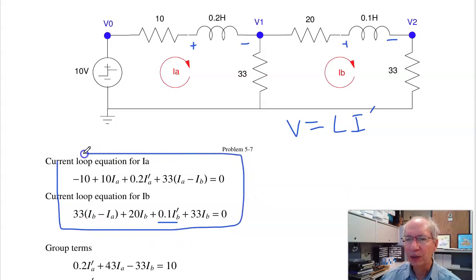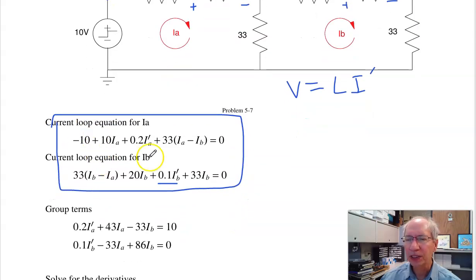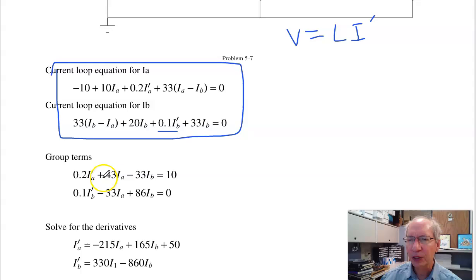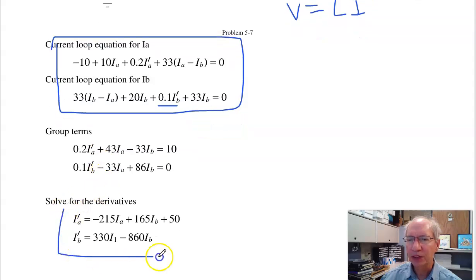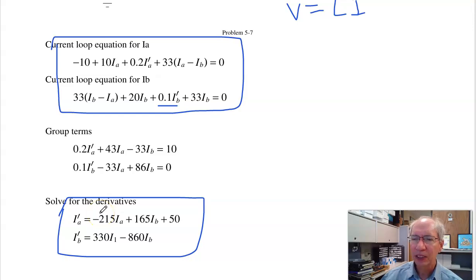There are your two first-order differential equations, coupled first-order differential equations that describe the circuit. To solve, I group the terms, solve for the derivatives. Those are the two differential equations I need to integrate to find the currents versus time.